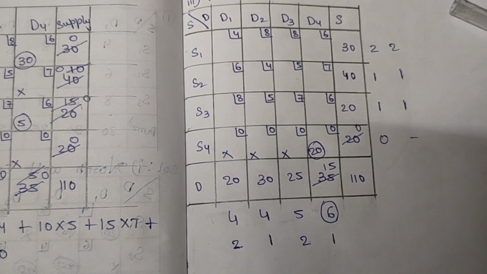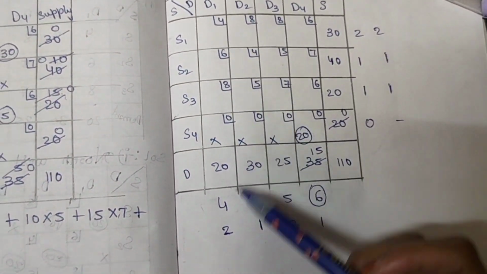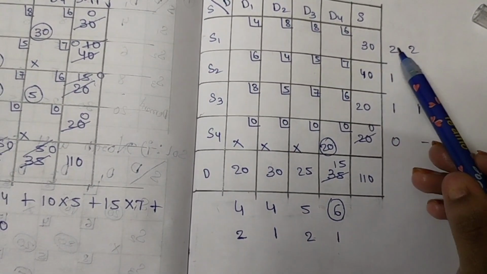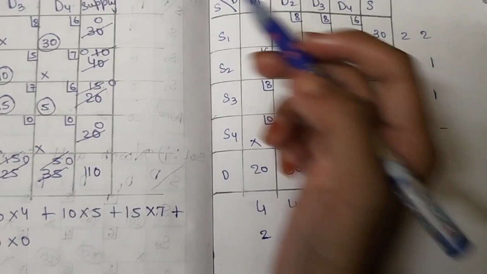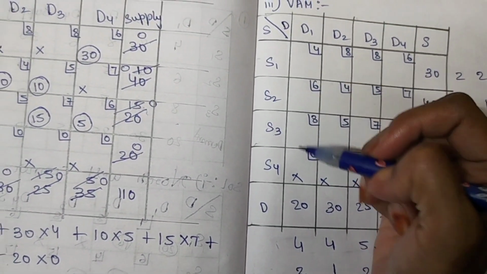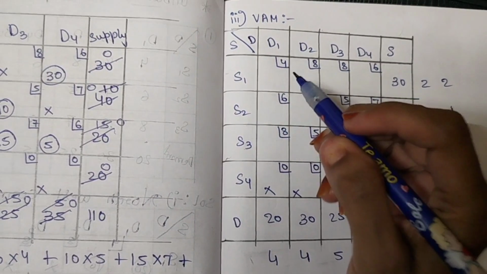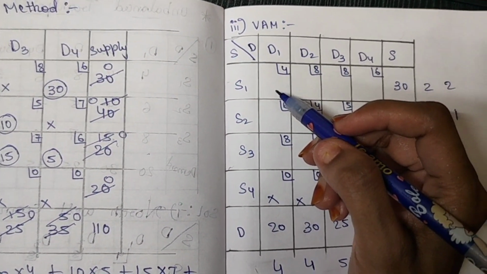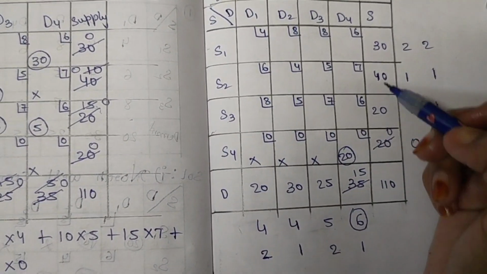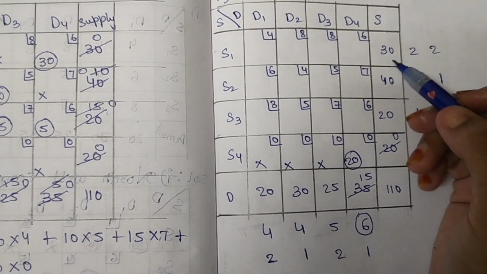And after checking all these, that is this column and this row, we have to take this cell, because when we see 20 and 30, we will allocate the minimum, that is 20 only. When we compare it to other cells, there is a high cost, that is 25, 30.